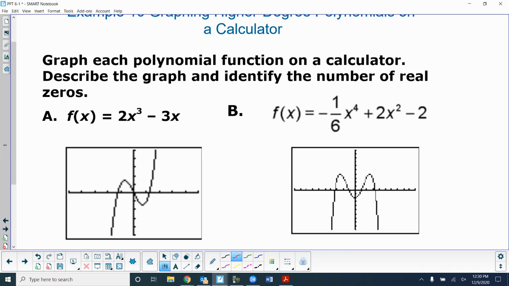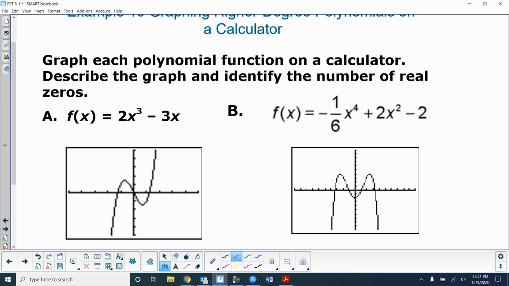And what was the degree of the first one we did? Degree is 3, right? So how many times did it cross? 3. What's the degree of this? How many times did it cross? Okay?